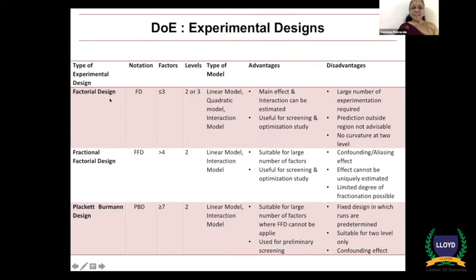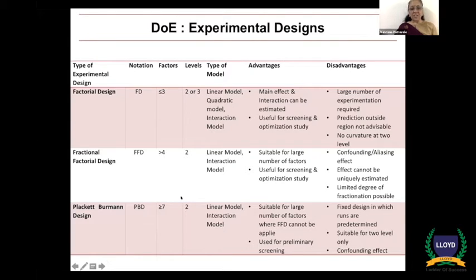So factorial design operates only when factors are less than or equal to 3, works at 2 or 3 levels. Fractional factorial, when factors are more than 3, rather more than 4, works only at 2 levels. Plackett-Burman, as I told you, number of factors increases you are using this, but number of levels at which you can use is only 2.